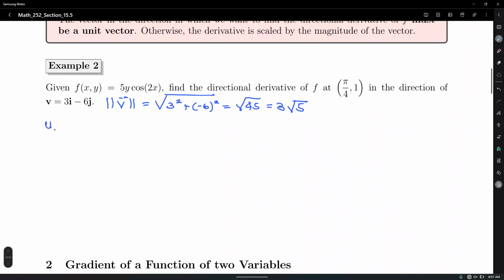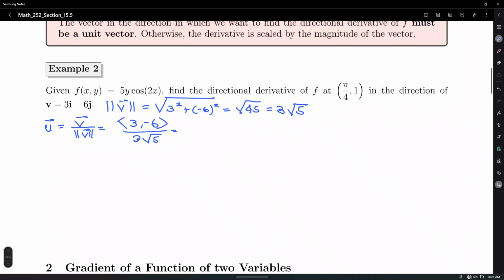So u, which is the vector v divided by its magnitude. That is, I'm going to go back to component form, <3, -6> divided by 3 root 5. So 3 over 3 is 1 over root 5, comma, 6 over 3 is 2, but with the negative, that's negative 2 over root 5.